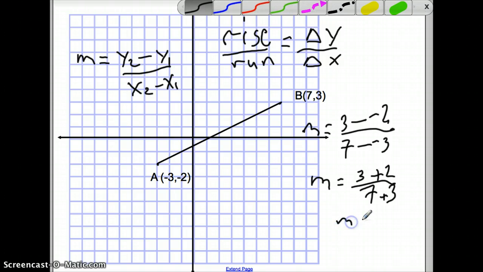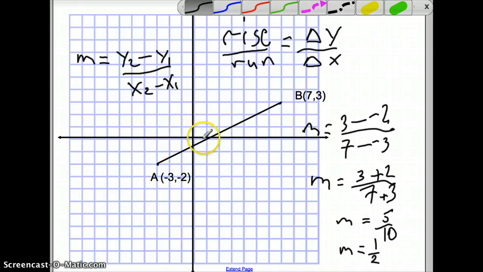So the slope is 5 over 10, which is equal to 1/2.